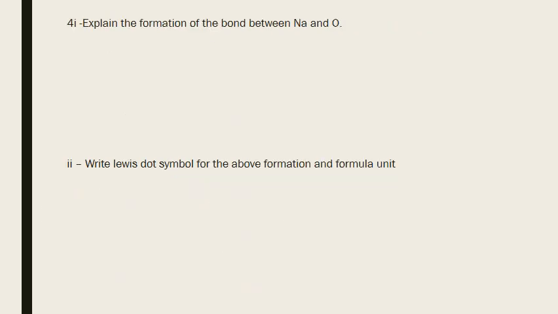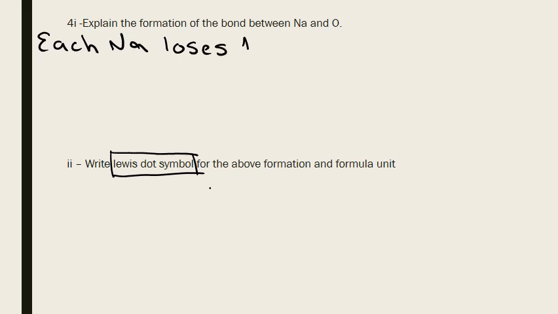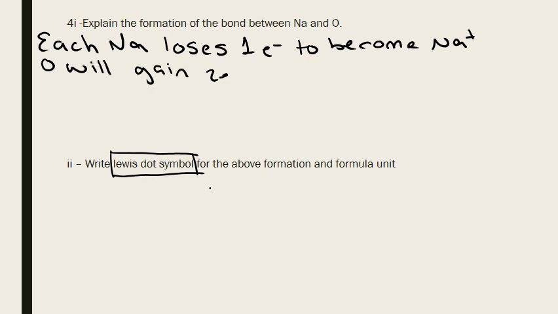For this question, it says explain the formation of the bond between Na and O. Here you do not write the Lewis dot symbol, okay? The second question says Lewis dot symbol, so here you just have to explain the formation. So you write each Na loses 1 electron to become Na+. O will gain 2 electrons to become O2-.